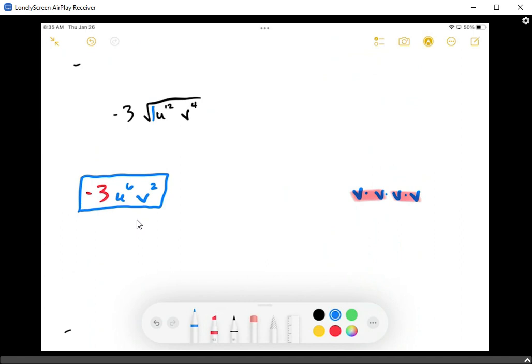I want to take a second and just show you why that is. Think about what we're really doing here with this square root. This square root is the same thing as taking the square root of u to the 12th and the square root of v to the 4th. As we talked about yesterday, when you have a power and a square root both, what we're really doing is exponent rules.